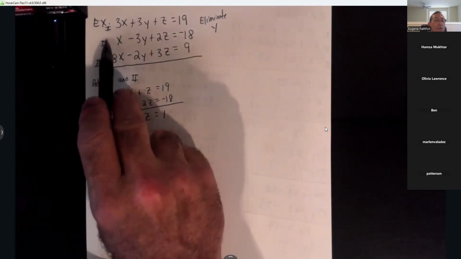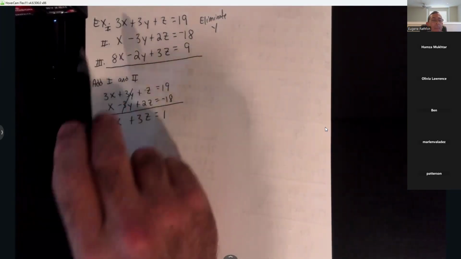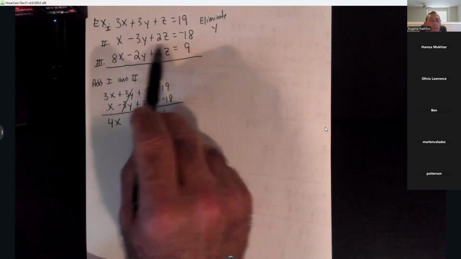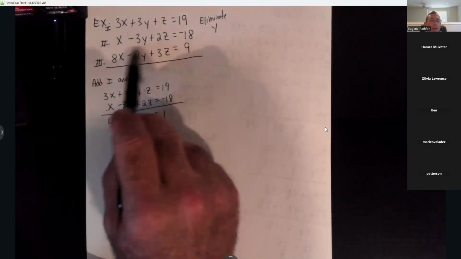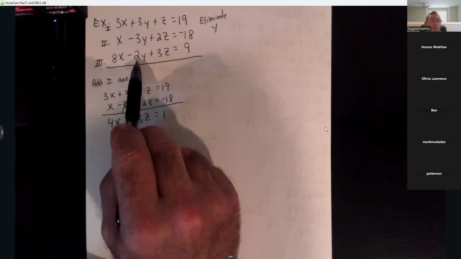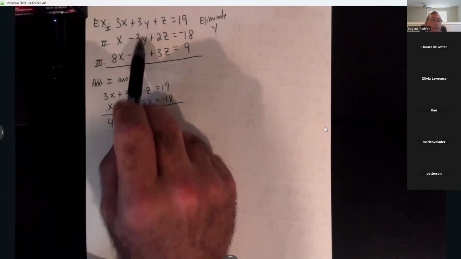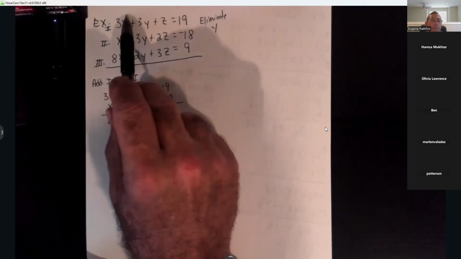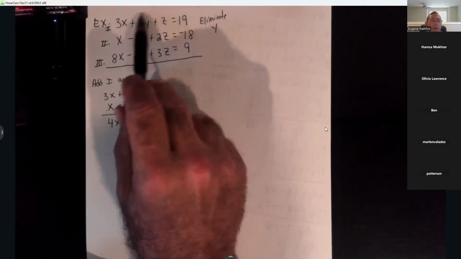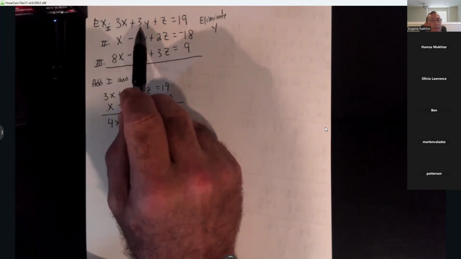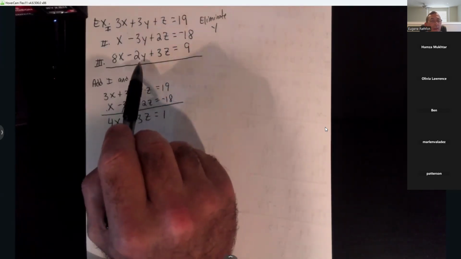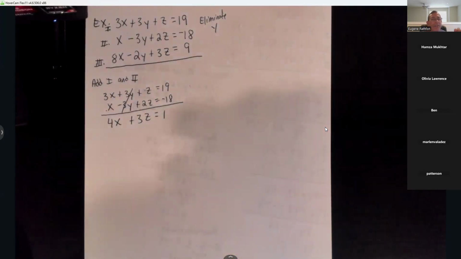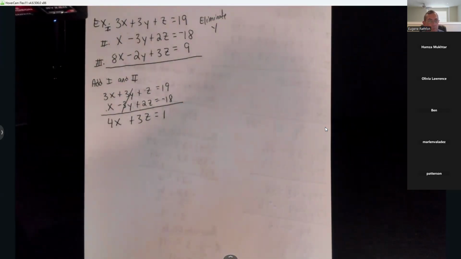Now we did 1 and 2 that time. So now we got to use row 3. So y'all look here. Since row 3 is negative, and these both have the same number, I'm going to pick row 1. But y'all look at that. Row 1 has a 3. Row 3 has a negative 2. We're going to have to change both of those rows.